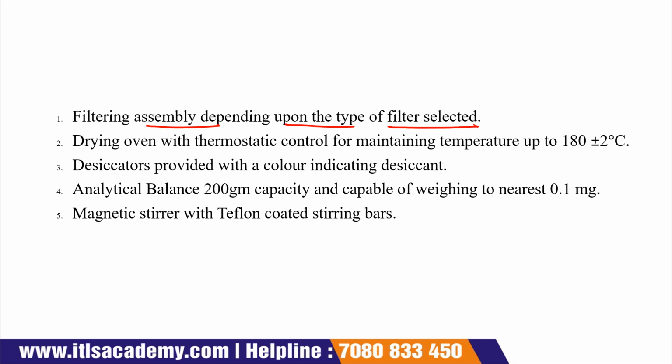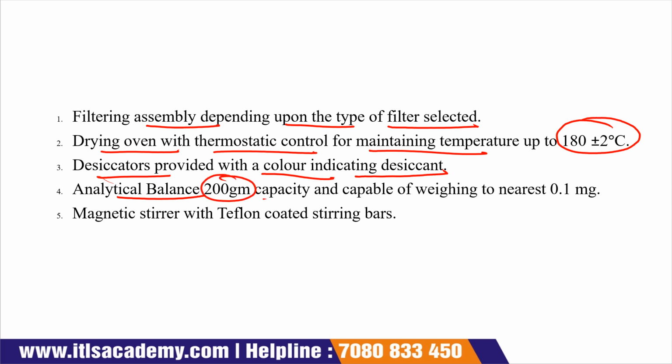Then we also require a drying oven with a thermostatic controller for maintaining the temperature at 180 plus or minus 2 degrees Celsius, a desiccator with a color-indicating desiccant, an analytical balance of 200-gram capacity capable of weighing to the nearest 0.1 milligram, and a magnetic stirrer with a Teflon-coated stirring bar.